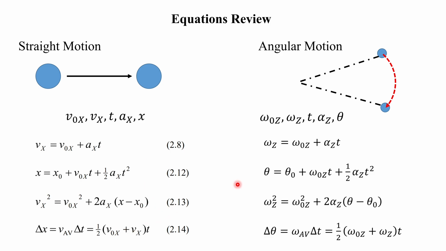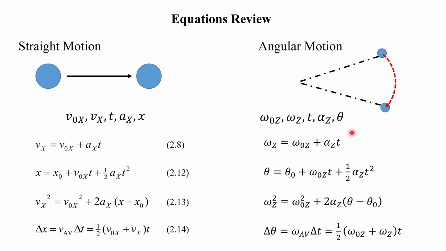You can see I just changed the velocity to the angular velocity, the displacement to the angle, and the acceleration to the angular acceleration. Then we have similar equations. So if we know 3 parameters, then we can solve for the other 2.